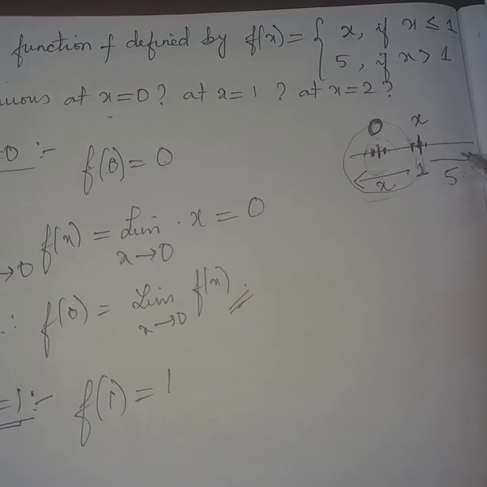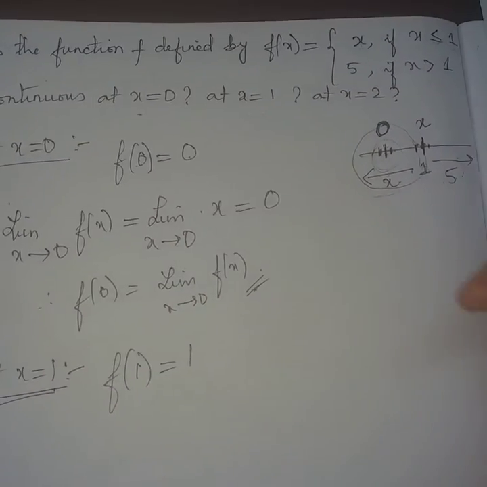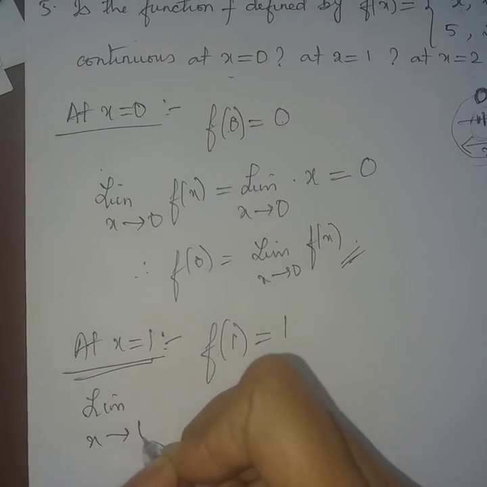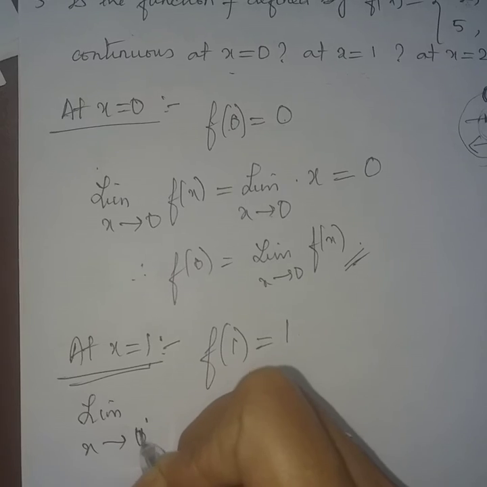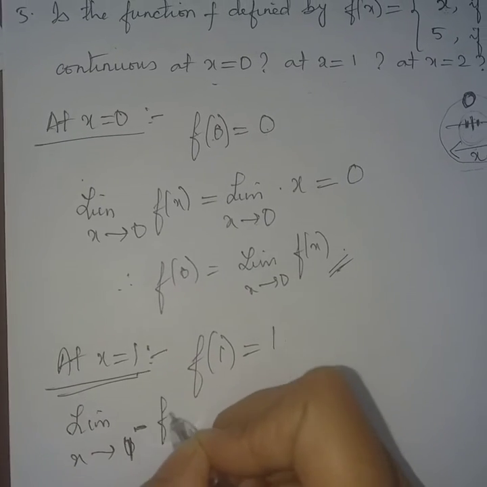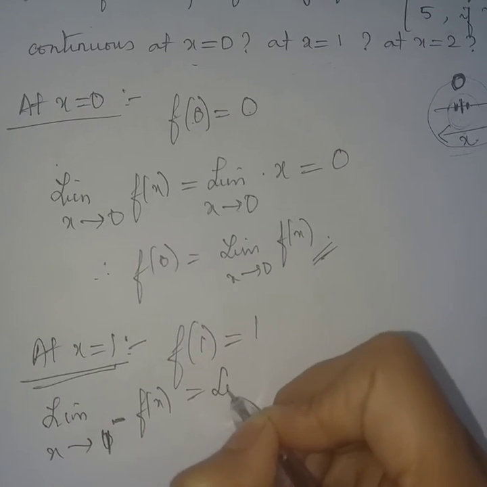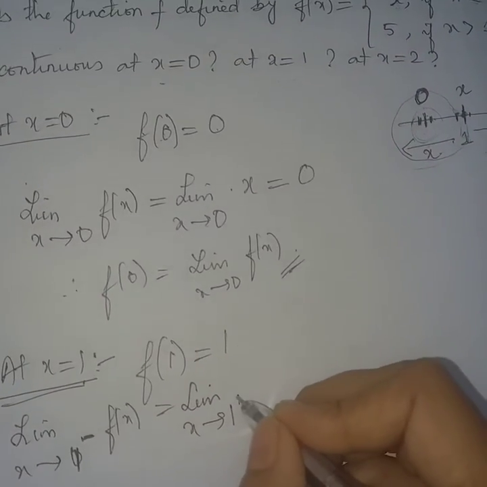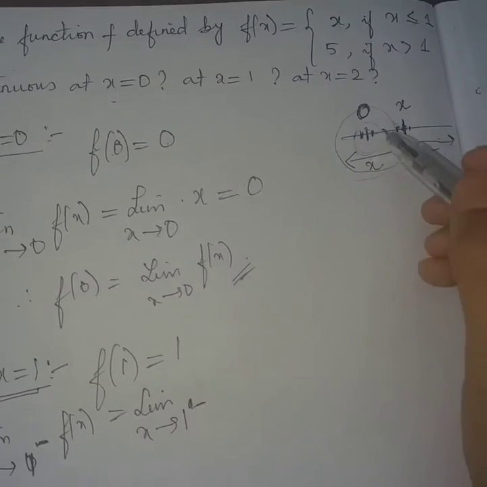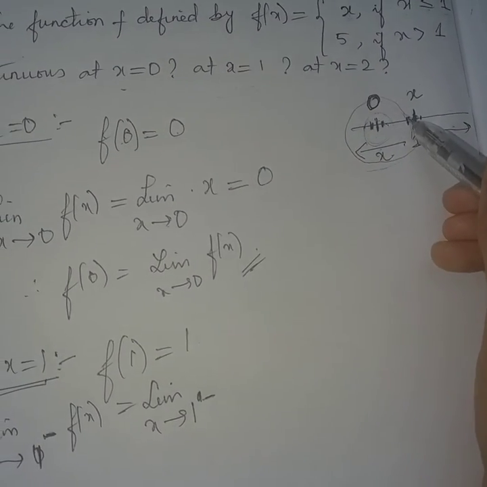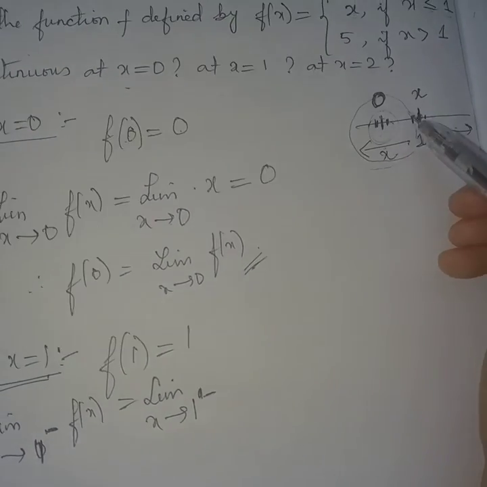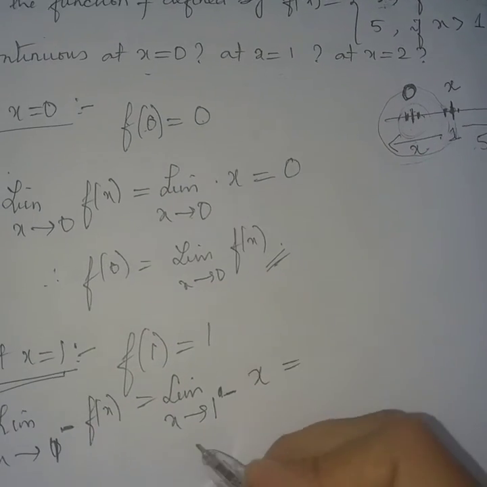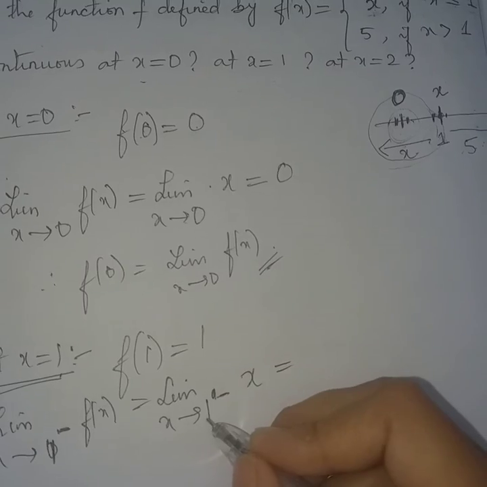So here the left hand function and the right hand function will be different. So limit of x tends to 1 minus of f(x): for a point slightly less than 1, x will be the function. So here the value of x is 1.